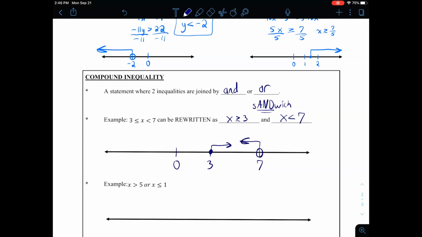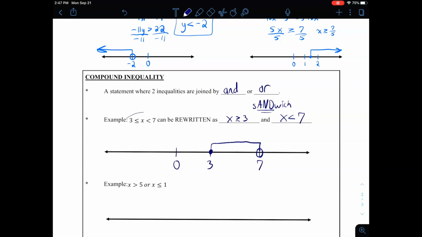These are overlapping, so we're going to erase these and just connect them. It's a sandwich, so they connect in the middle. They overlap between 3 and 7, and that's our sandwich.